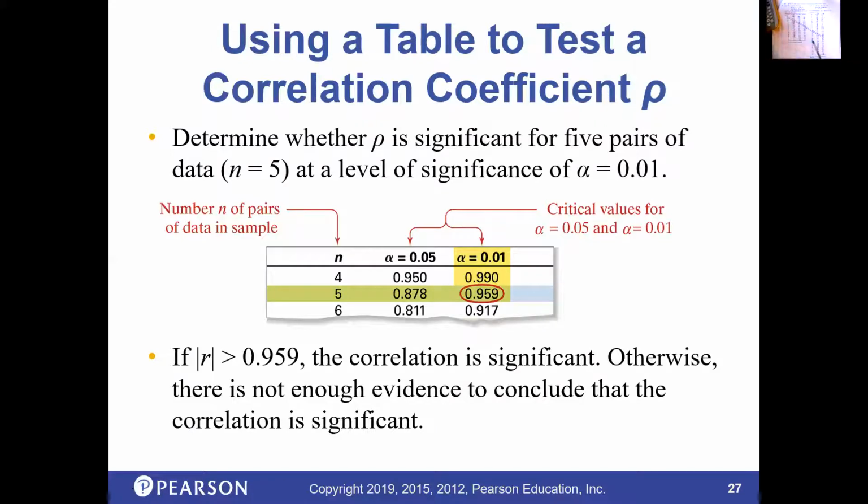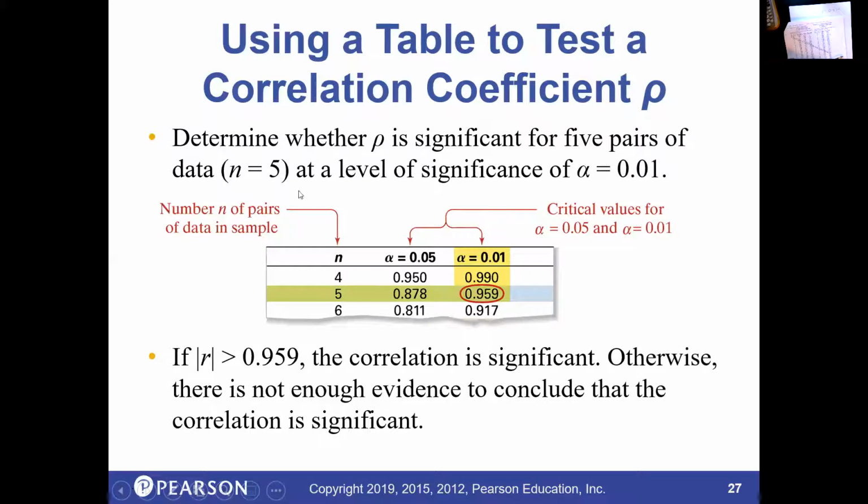So if we look at the CO2 data, we just found the R for that. Let's go to the table. They want us to test it at the 0.01 level.